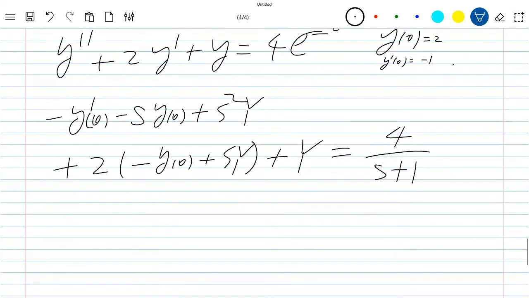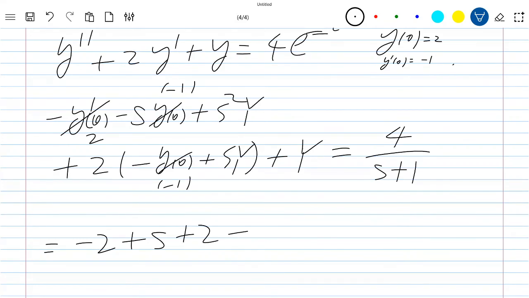So let me plug in the numbers. This is 2, and this is negative 1. So you have negative 2 plus s, and this cancels, plus 2, then have s squared plus 2s plus 1 capital Y equals 4 over s plus 1.